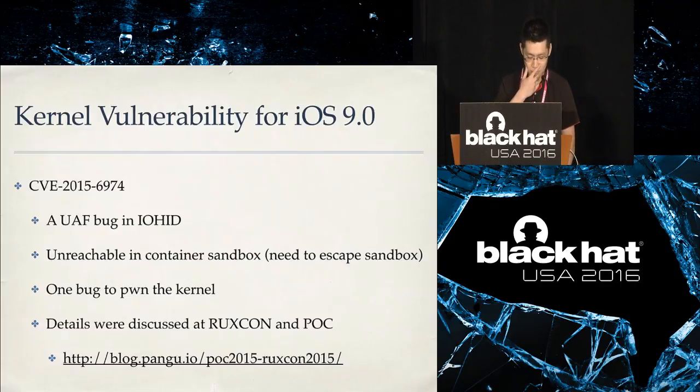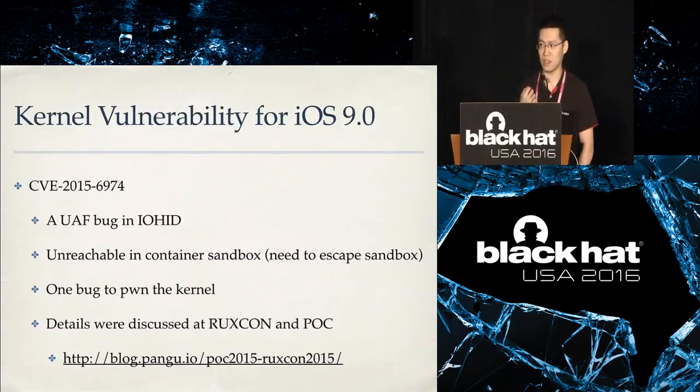But this bug is actually unreachable in the container sandbox. That's why Tielei talked about the Userland part of our jailbreak, to finally achieve code execution in a less restrictive sandbox. So we could trigger the kernel exploit in that sandbox.